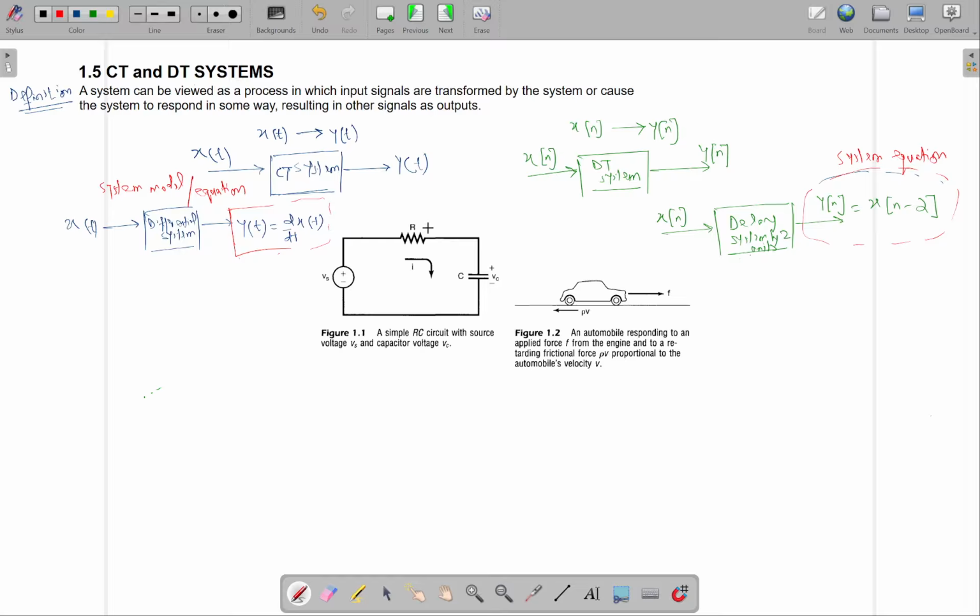Based upon the operation, it could have been a delay system, or it could have been an advance system. For example, if I say that y of n is x of n plus 3, the system is shifting your signal towards the left. So we can say that my system is an advance system.